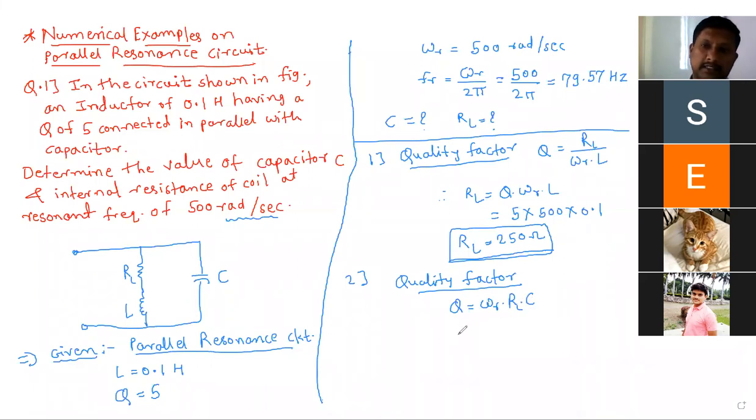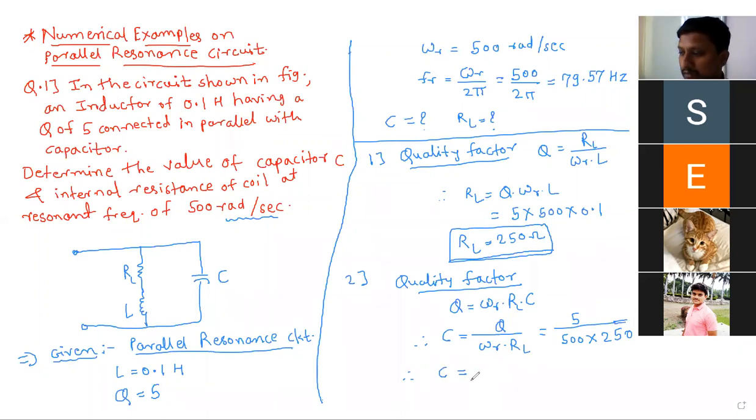The unknown thing is C. So C is equal to Q divided by omega R into RL, which is 5 divided by 500 into 250. Calculate and tell me the value of C. 4 into 10 raised to minus 5 farad.